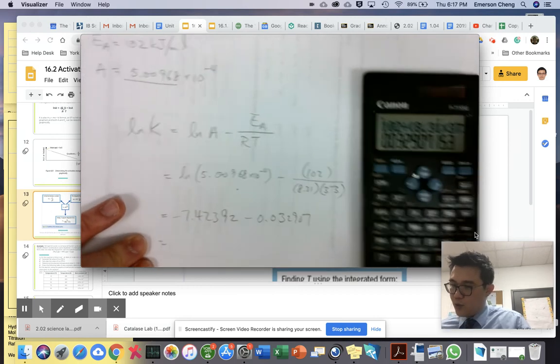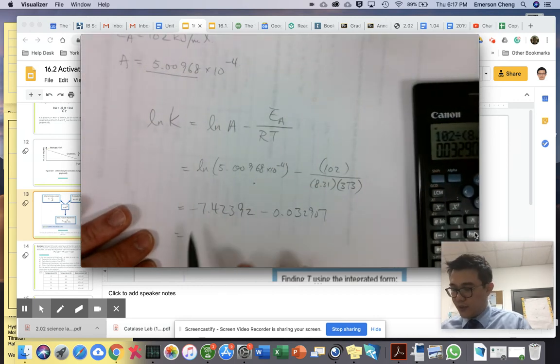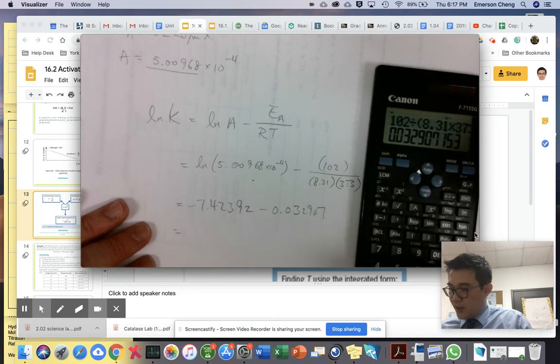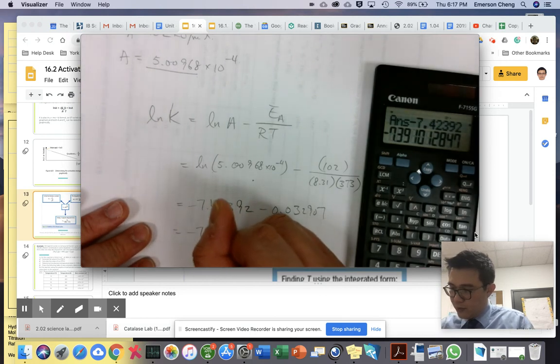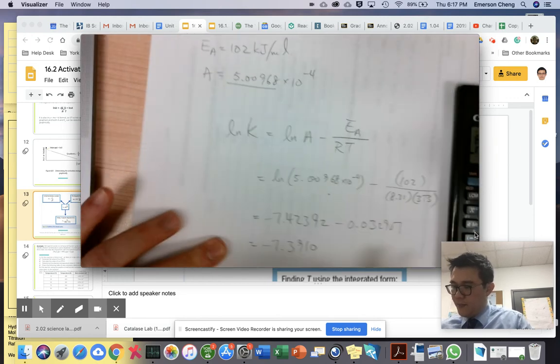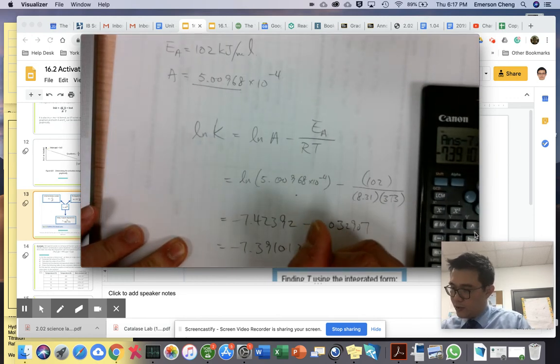So you put these two numbers together, minus 7.42392 minus 0.032907. That gives you minus 7.3910128.